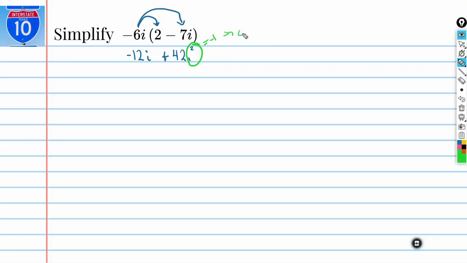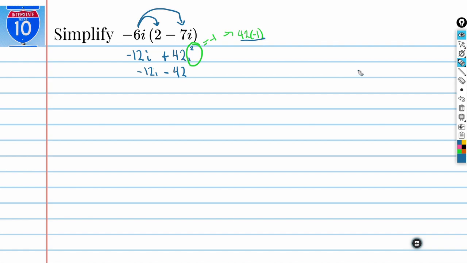So that means we have 42 times -1. So we have -12i. 42 times -1 is -42.